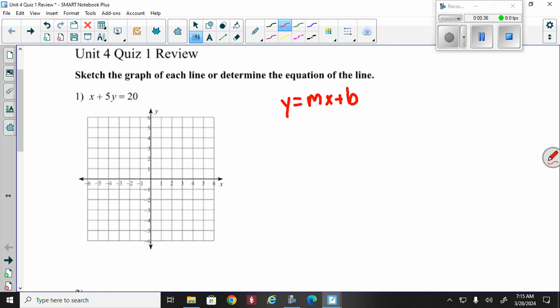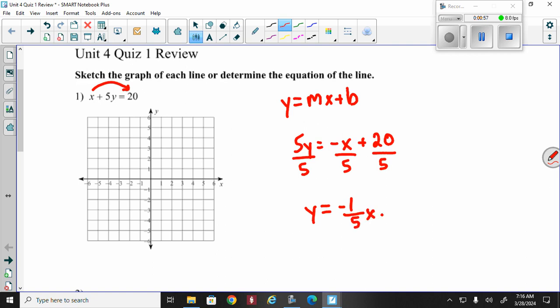First off, I know that the x needs to go over here, so that's going to be 5y is equal to negative x plus 20, and then I'm going to divide by 5. So y becomes y, and this negative x will become negative 1 over 5x. We've done that before. You should know that. Plus 4.